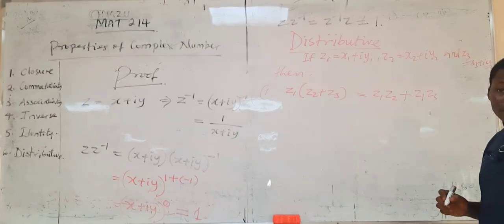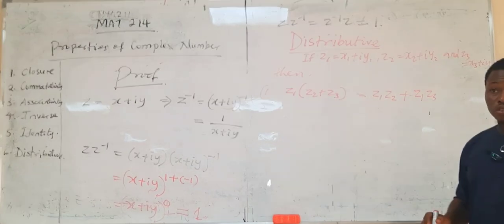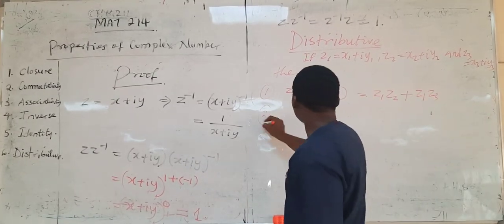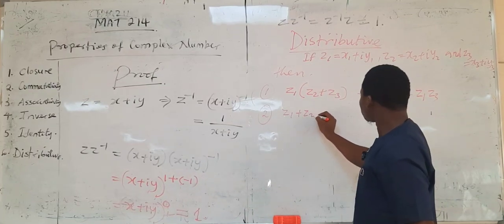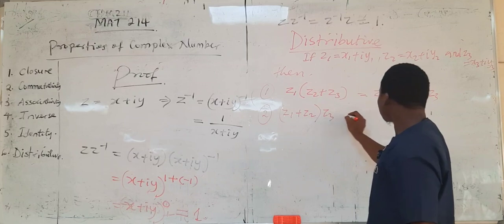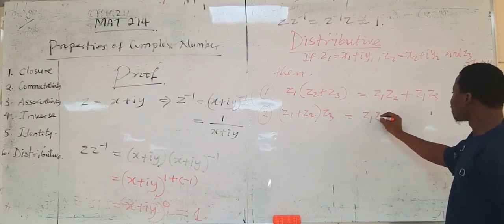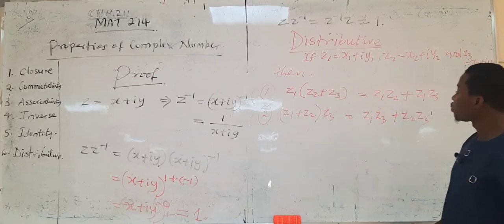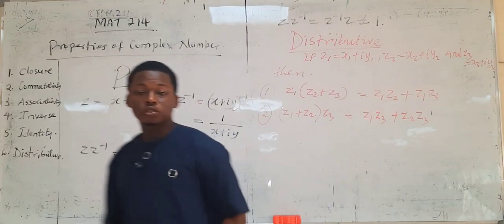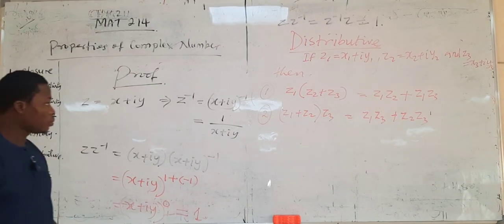So this is z1 distributed over z2 plus z3. Then the second one is z1 plus z2 times z3, which is equal to z1 z3 plus z2 z3. So these are the statements for the distributive law of complex numbers.